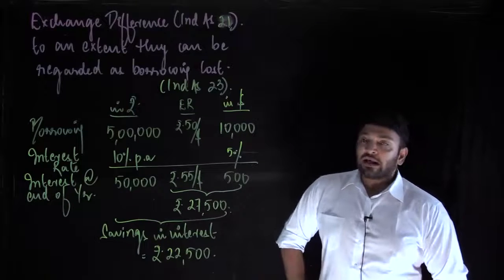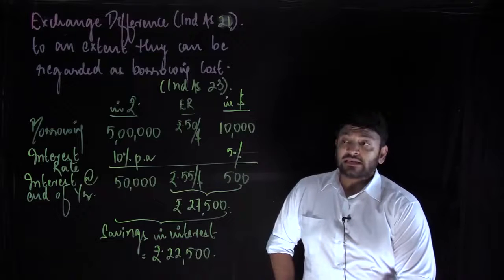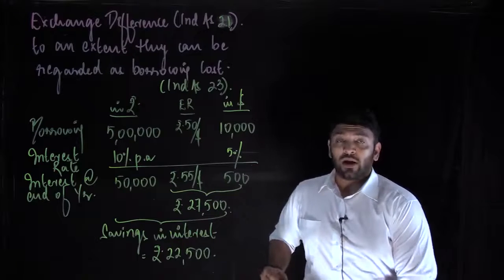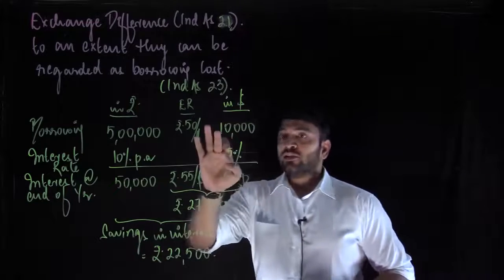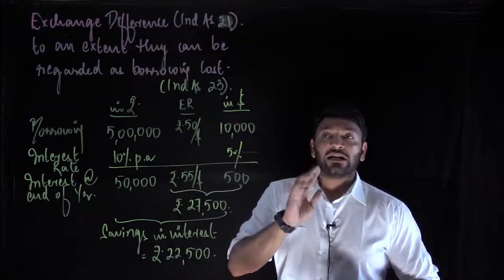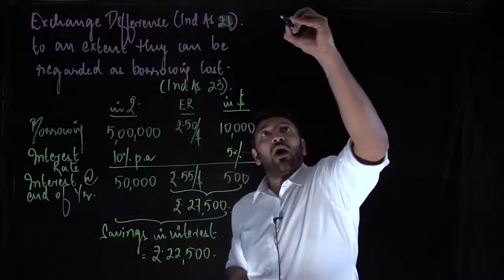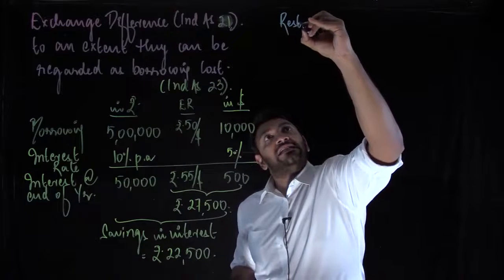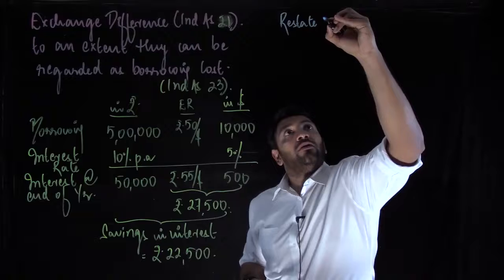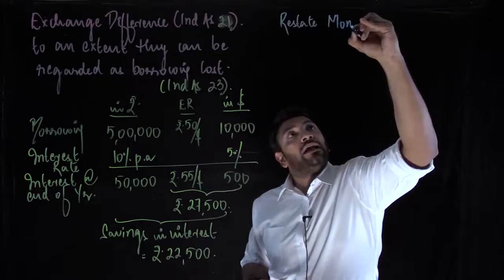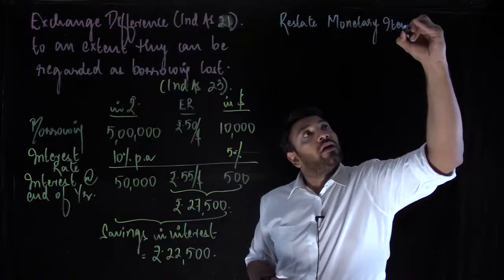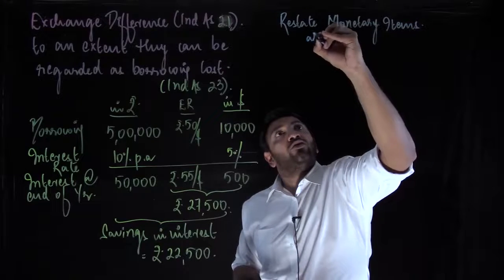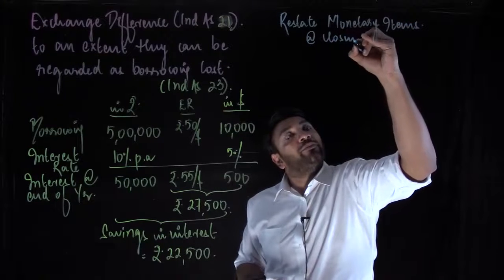Now let's understand what is happening here. This situation we'll have to assess with respect to Ind AS 21, that is exchange differences. According to Ind AS 21, the dollar borrowing is a monetary item, so you have to compulsorily restate monetary items at closing rate.